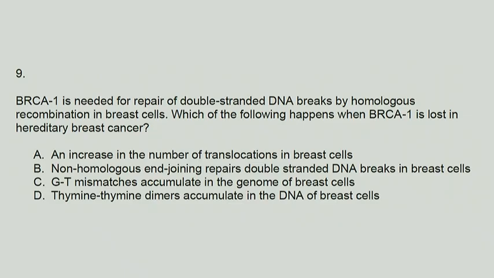Okay. So if BRCA1 is needed for repair of double-stranded DNA breaks by homologous recombination, which of the following happens when you've lost BRCA1 in breast cancer? Would you get an increase in the number of translocations in breast cells? What is a translocation?